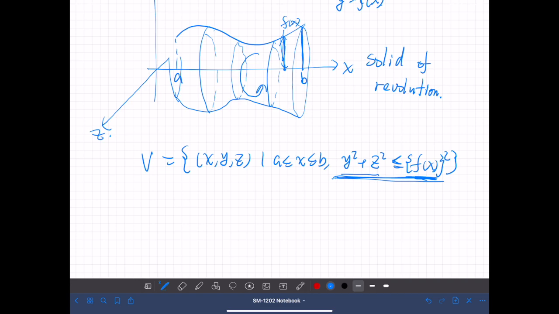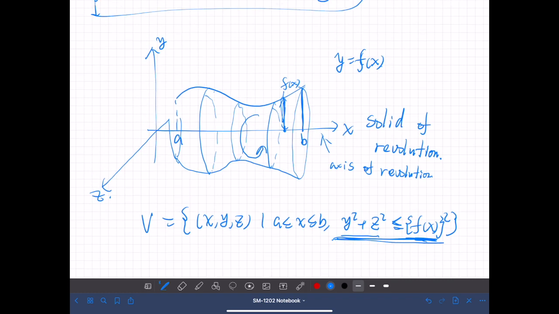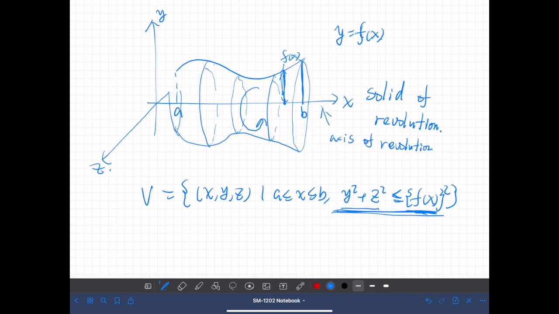In this case, the x-axis is called the axis of revolution. Of course, we can define a solid of revolution by rotating around the y-axis or z-axis if we have an appropriate function to define those.